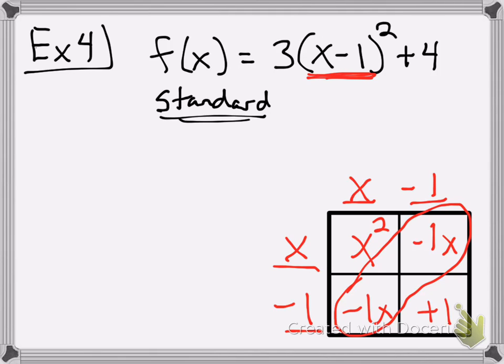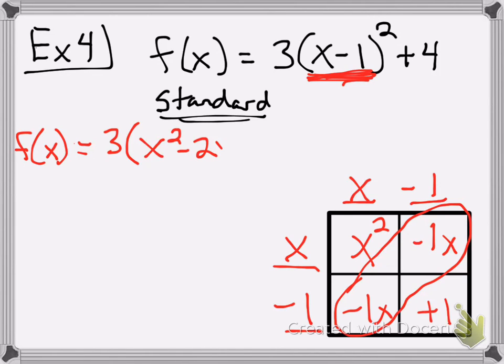What I'm trying to do is, let's expand this x minus 1 squared, and you have to write it like this. Instead of x minus 1 squared, we need to write it as x squared minus 2x plus 1. This should look familiar. Parentheses. So I replace that with this right here.